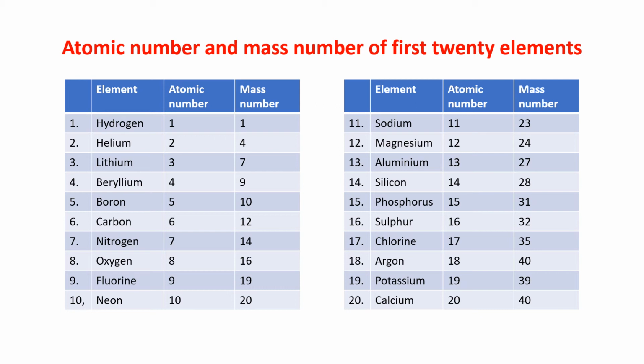So you have to learn the symbols also. I'm just writing the symbol here. Hydrogen is H, helium is He, lithium is Li, beryllium is Be, boron B, carbon C, nitrogen N, oxygen O, fluorine F and neon Ne.